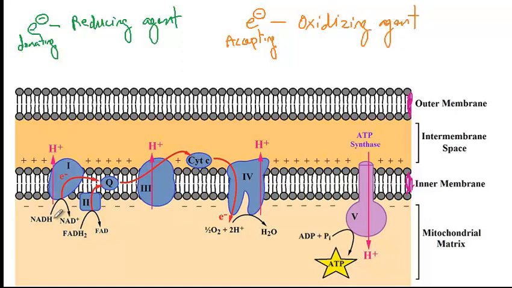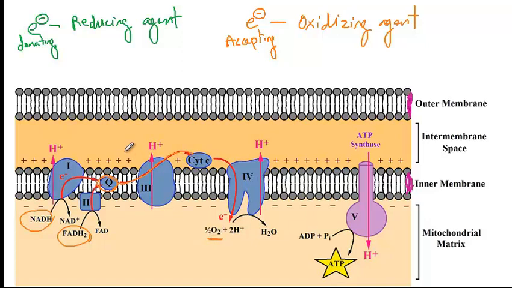And so here we can see that NADH and FADH2 start as reducing agents, transferring electrons via complex 1 and complex 2 of the electron transport chain into the ubiquinone molecule. Now next, ubiquinone has become a reducing agent, and via complex 3 it transfers electrons into cytochrome C. Now cytochrome C is a reducing agent and will transfer electrons to oxygen.